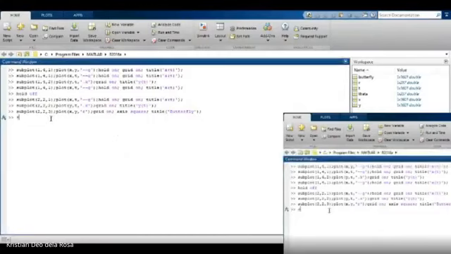So subplot 2 comma 2 fourth, and then polar theta comma r. Can I put some styles in it? Maybe.